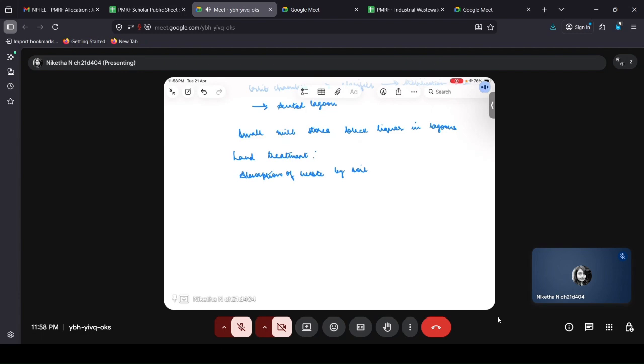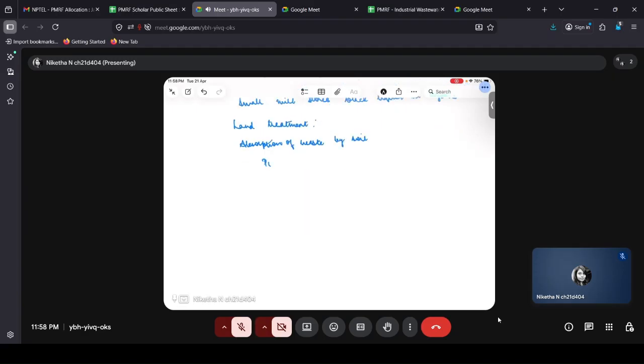But the absorption, or the kind of pollutant that is absorbed, entirely depends on the cation exchange capacity, or CEC.